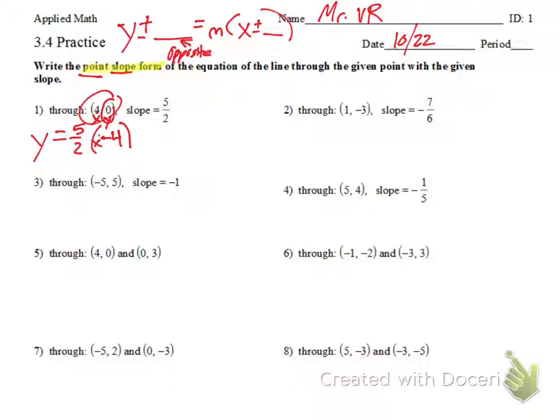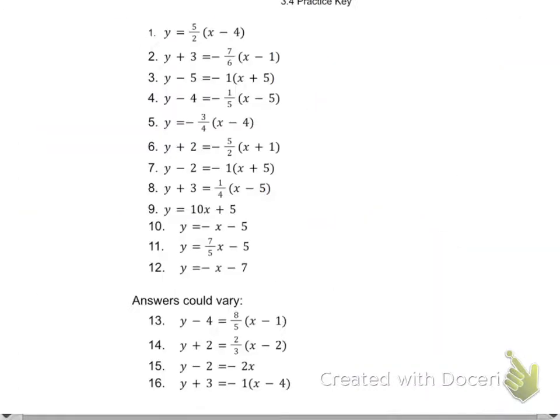So it's going to be x plus negative 4, or x minus 4. Let me rewrite that because that's a little sloppy. So it would be 5 over 2, and then x minus 4. Let's see if I'm right. 5 over 2, x minus 4.